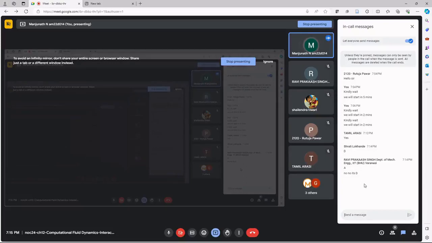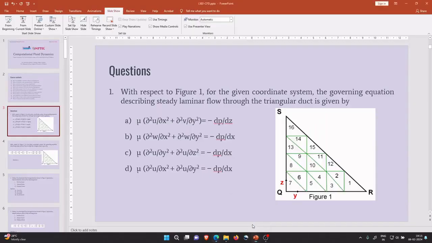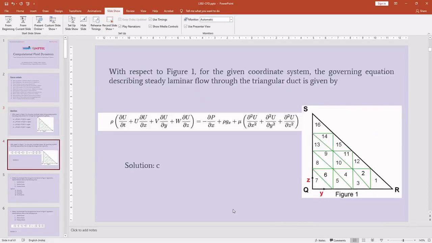So I got answers A, D. Okay, so let's check the first answer. Here the flow is happening in the x direction, so this is the governing equation.